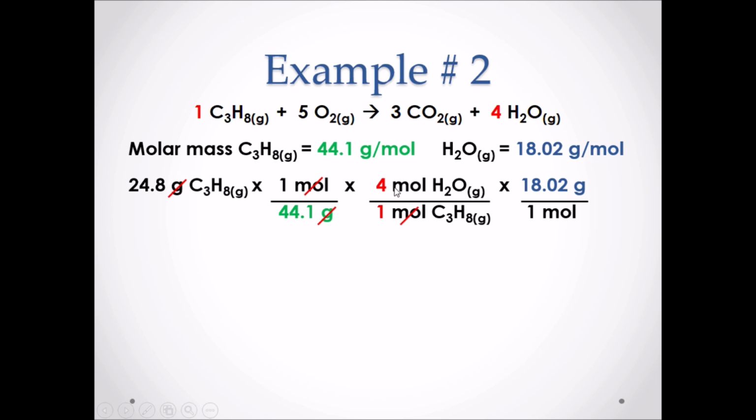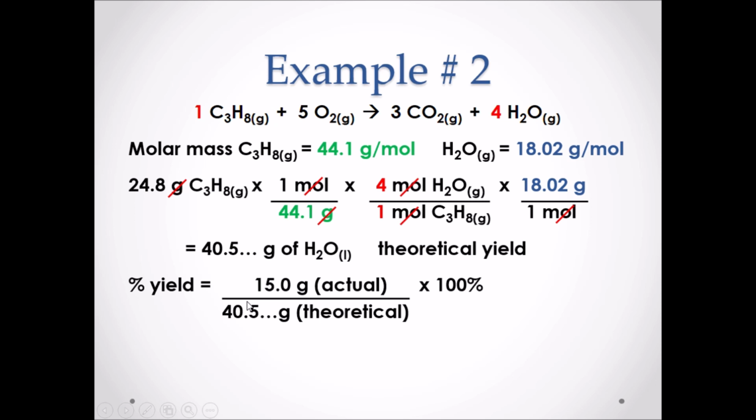Once we have the moles of water vapor, we can then times it by the molar mass of water vapor to get the grams of water vapor. As a result, the theoretical yield of water vapor is 40.5 grams.